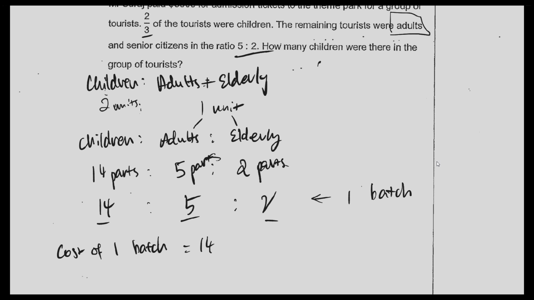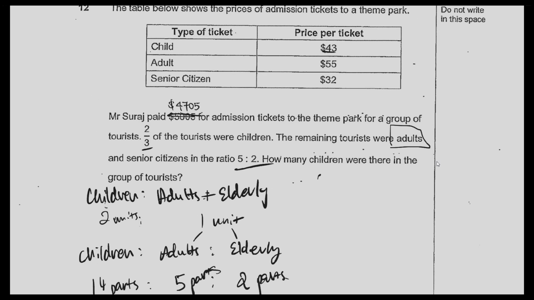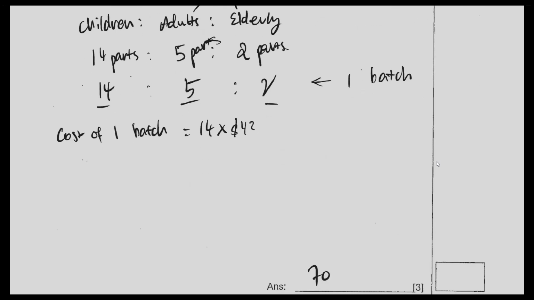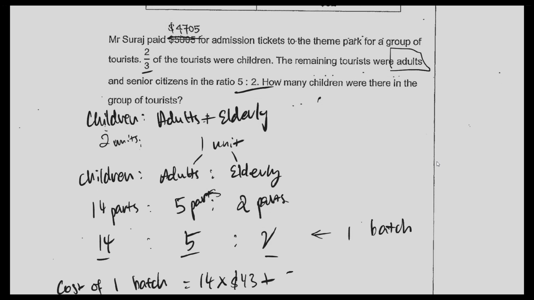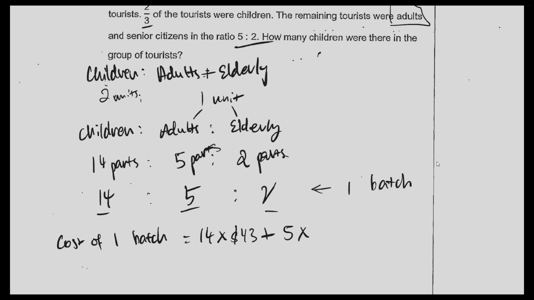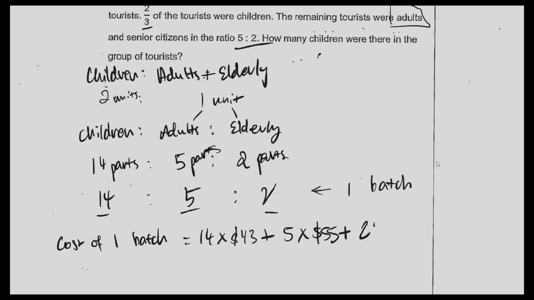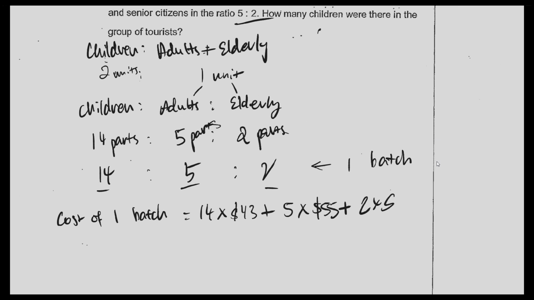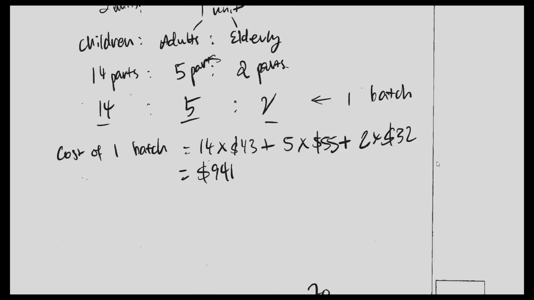So that will just be 14 times 43 plus 5 times 55 plus 2 times 32. And that is $941.